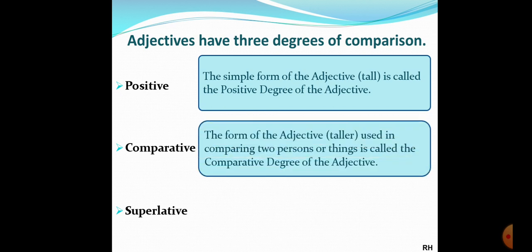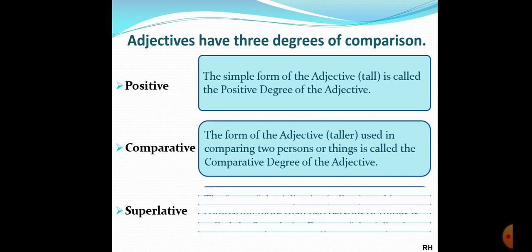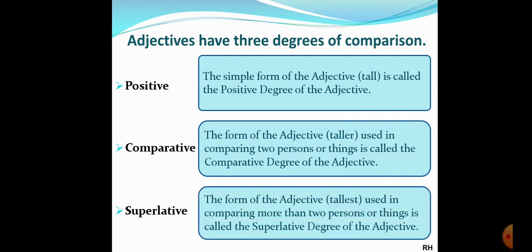What is comparative? Comparative is the form of adjective used when you want to compare two persons or two things. When you want to compare two things or two persons, that time you use the comparative degree of adjective. So tall becomes taller in comparative. Then there is superlative, the highest form of adjective.